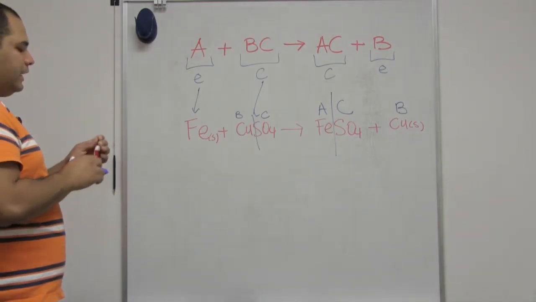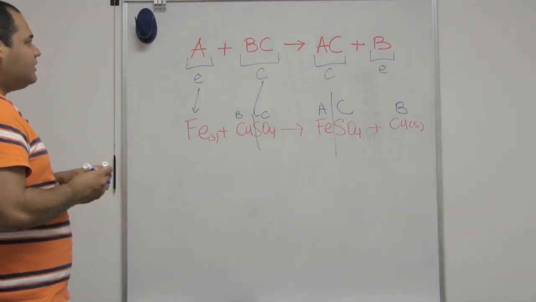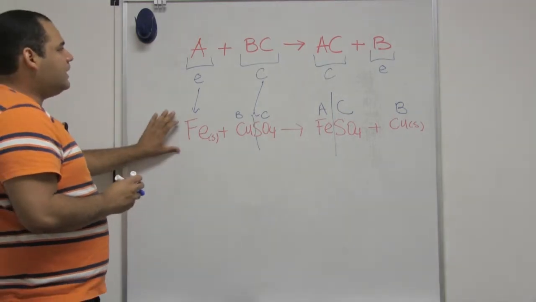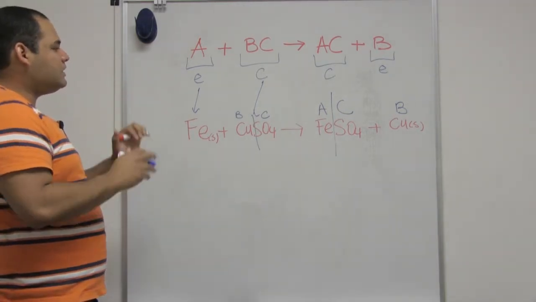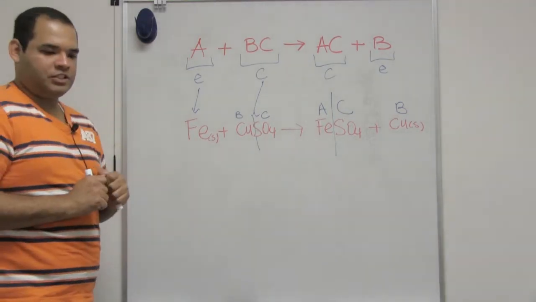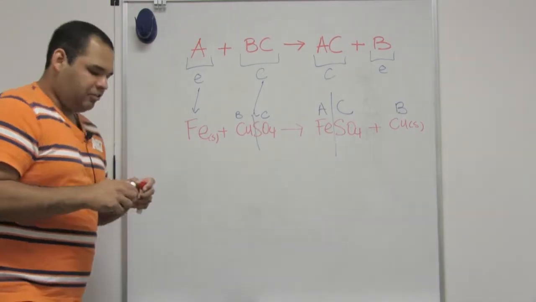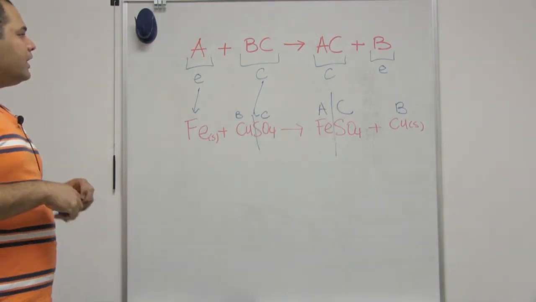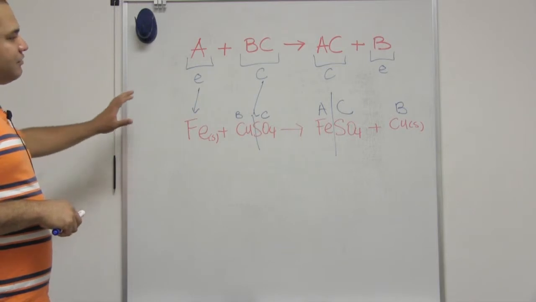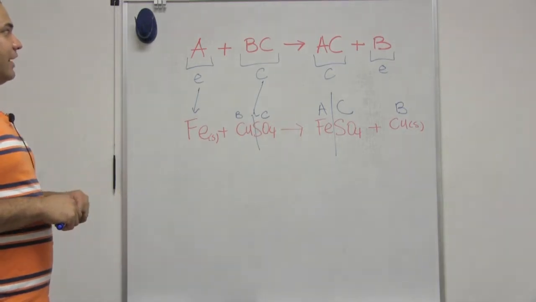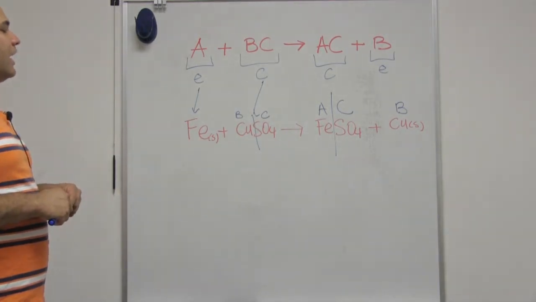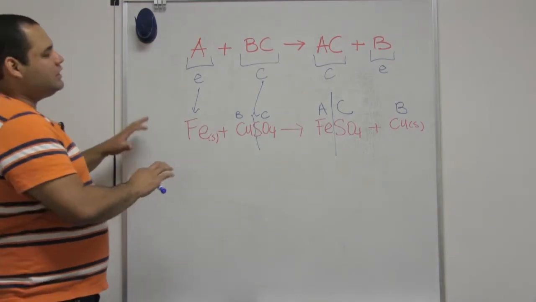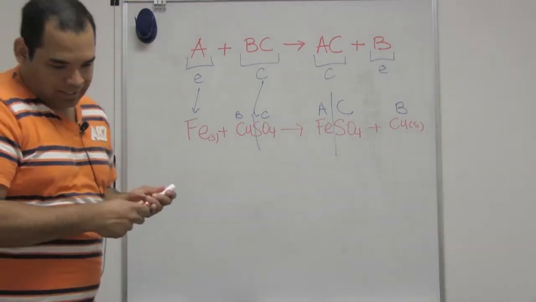What is important to know about this reaction is that single replacement is always a redox reaction. We talked about redox reactions in a unit before, so identifying that a single replacement is a redox reaction is an important key for this particular type of reaction.